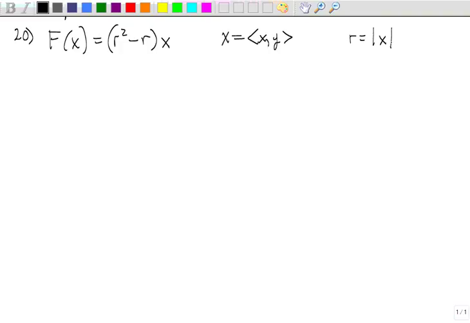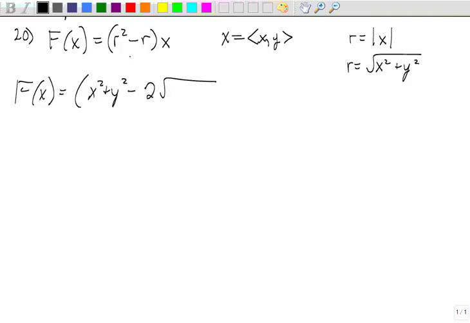Okay, well, r is the square root of x squared plus y squared then, and so we have f of x equal to x squared plus y squared minus 2 times the square root. This is 2r.